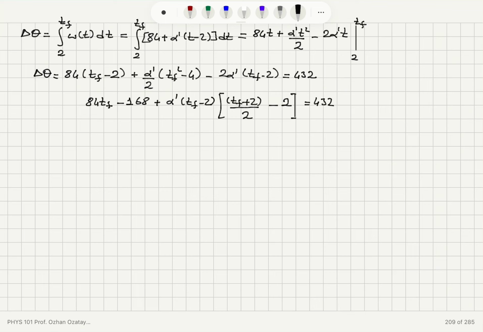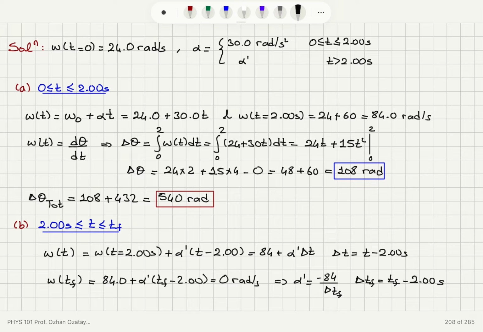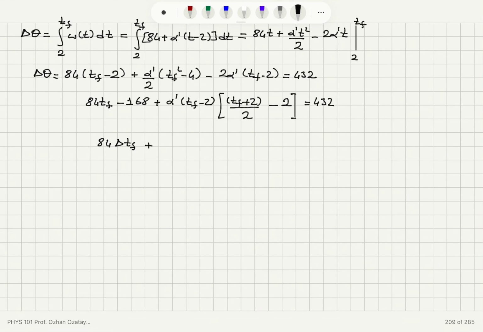Okay, so what we obtain here is 84 times (t final minus 2), which is what we call delta t final. So this is 84 times delta t final plus, alpha prime is minus 84 over delta t final.